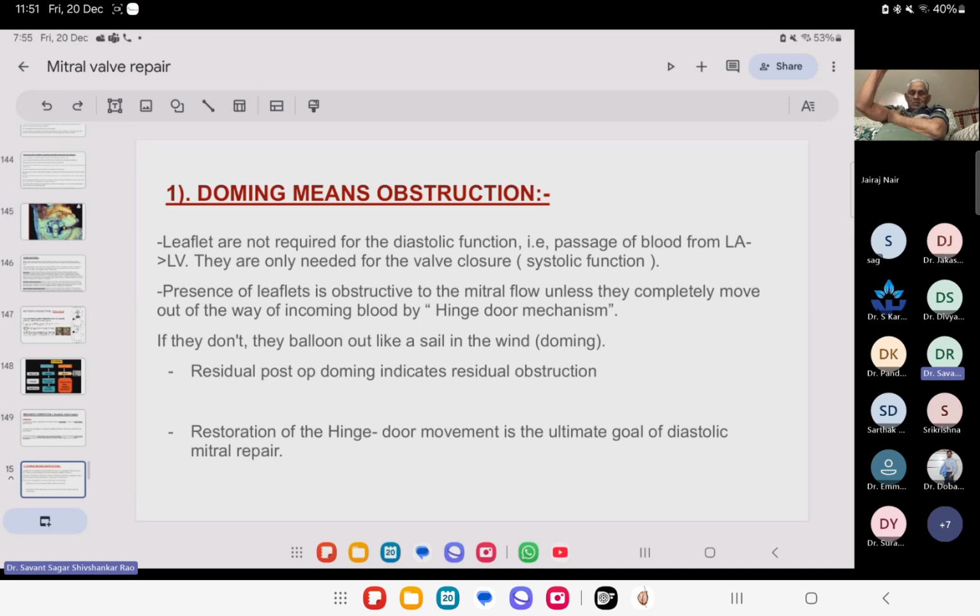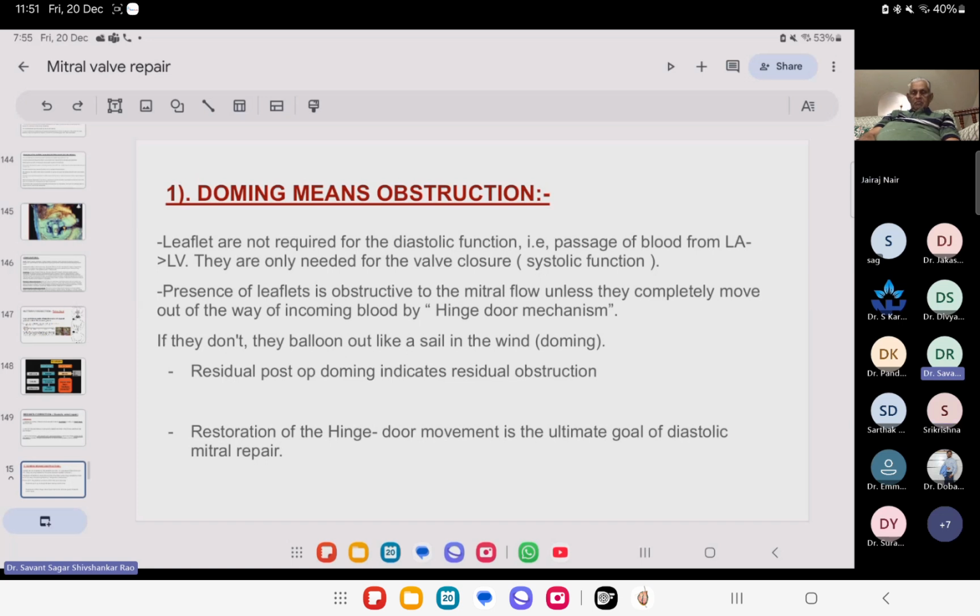Leaflets are not required for the diastolic function, that is passage of the blood from LA to LV. They are only needed for the valve closure, that is during systolic function. Presence of the leaflet is obstructive to the mitral flow unless the complete movement of the valve is there as a hinge door mechanism.